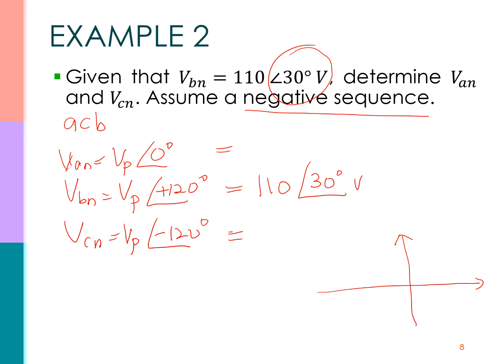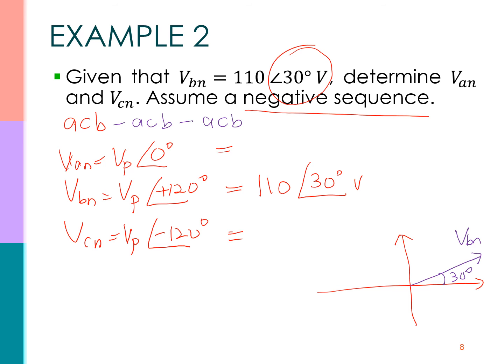We put VBN. Okay, so we imagine that this rotor rotates as sequence A, C, B. After B, we move to A again, and C and B. A, C, B. Okay, so this is 30 degree.